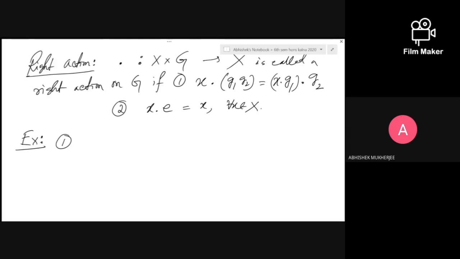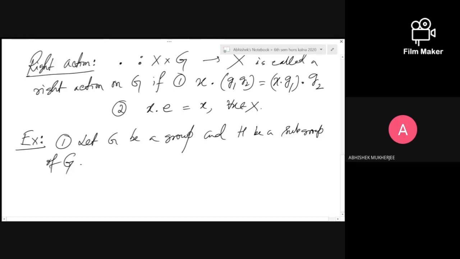Just consider a group G and let us suppose that H is a subgroup of G. Then we consider the set.